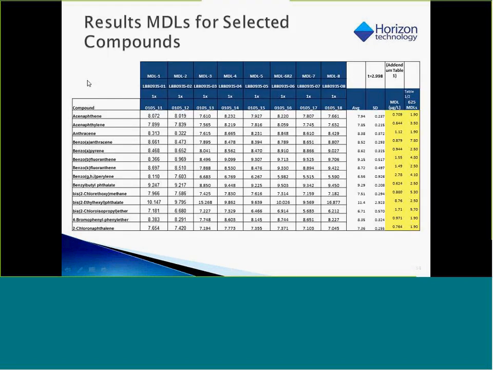We also determined method detection limits, and the method detection limits are compared in the last 2 columns with the method detection limits in 625, the original version. And you see that in most cases, they're dramatically better. In some cases, not dramatically better, but in most cases.